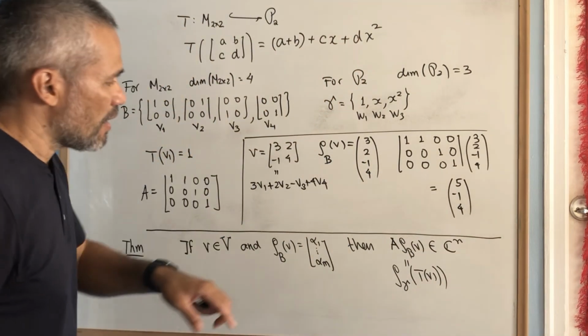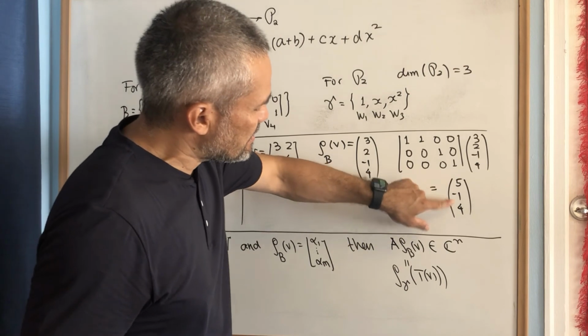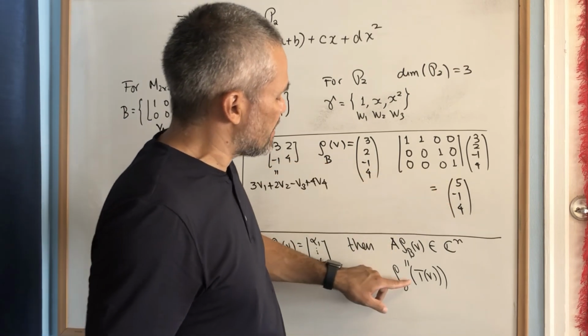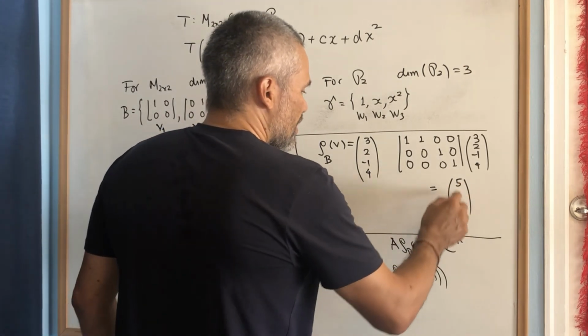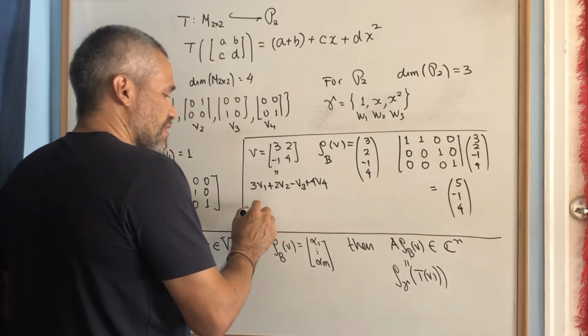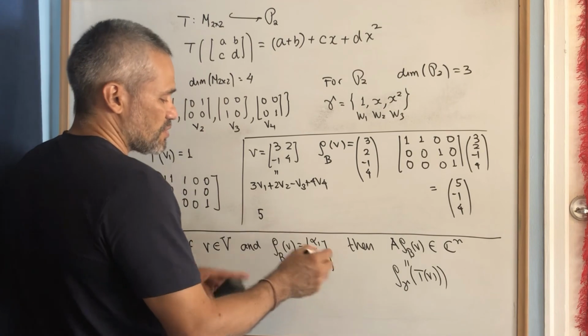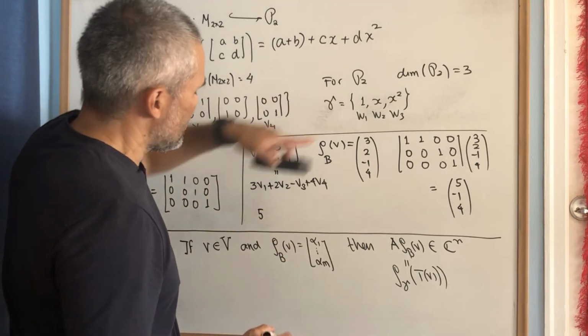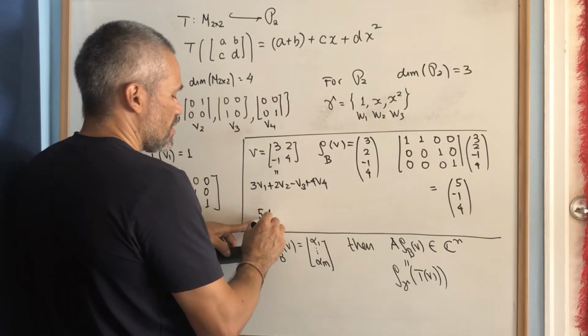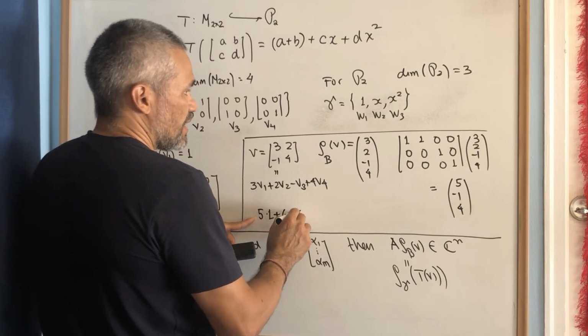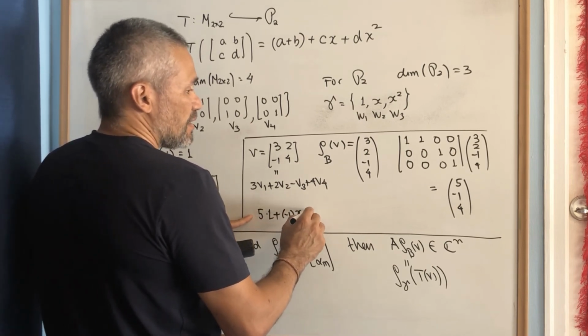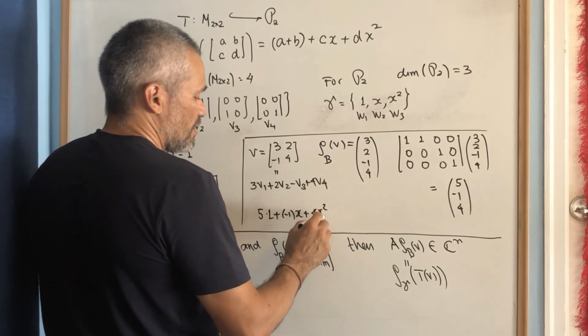And what the theorem says is that these three numbers give us the representation of T of V. Let's see that. These three numbers are the representation, using the basis gamma, of 5 times 1 plus negative 1 times x plus 4 times x squared.